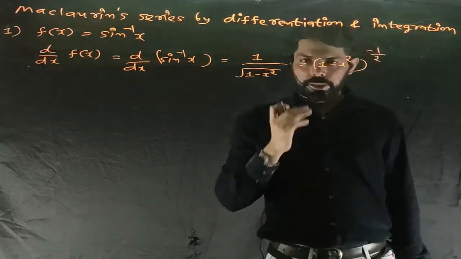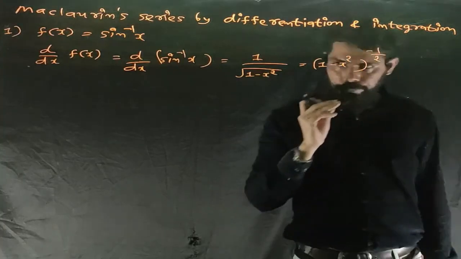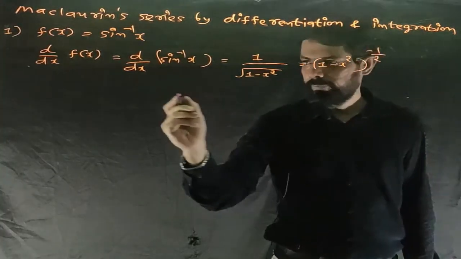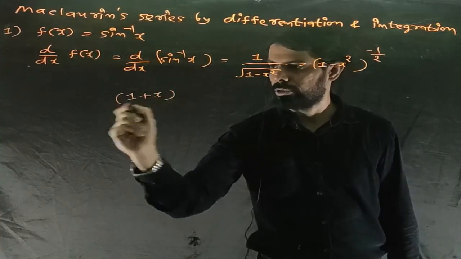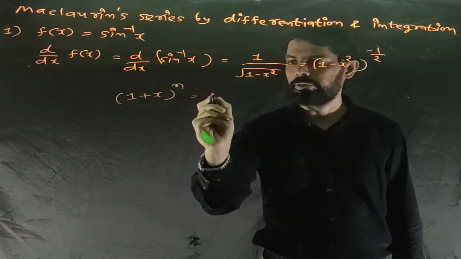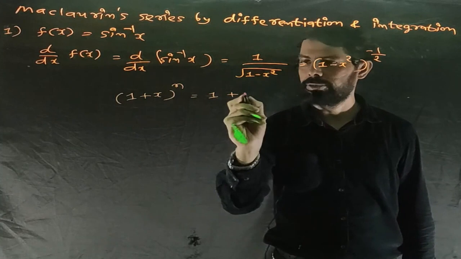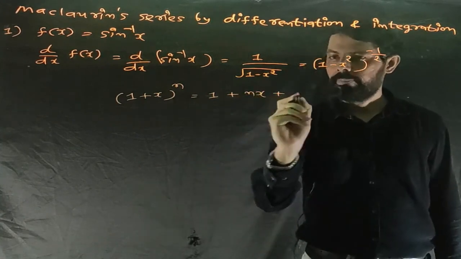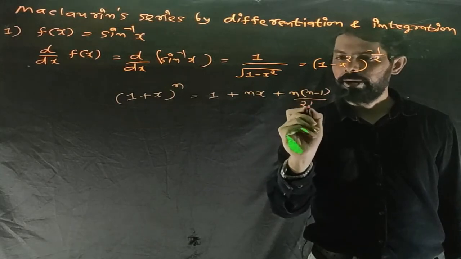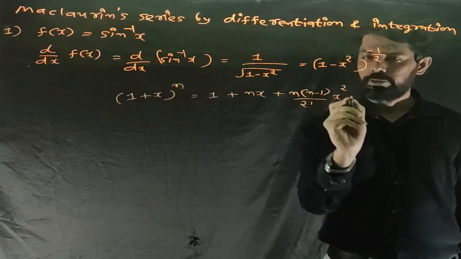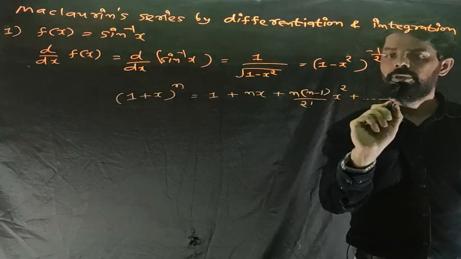Now here we will use the binomial theorem, and using it we can write 1 plus x whole raised to n is equal to 1 plus nx plus n into n minus 1 divided by 2 factorial x square plus so on.